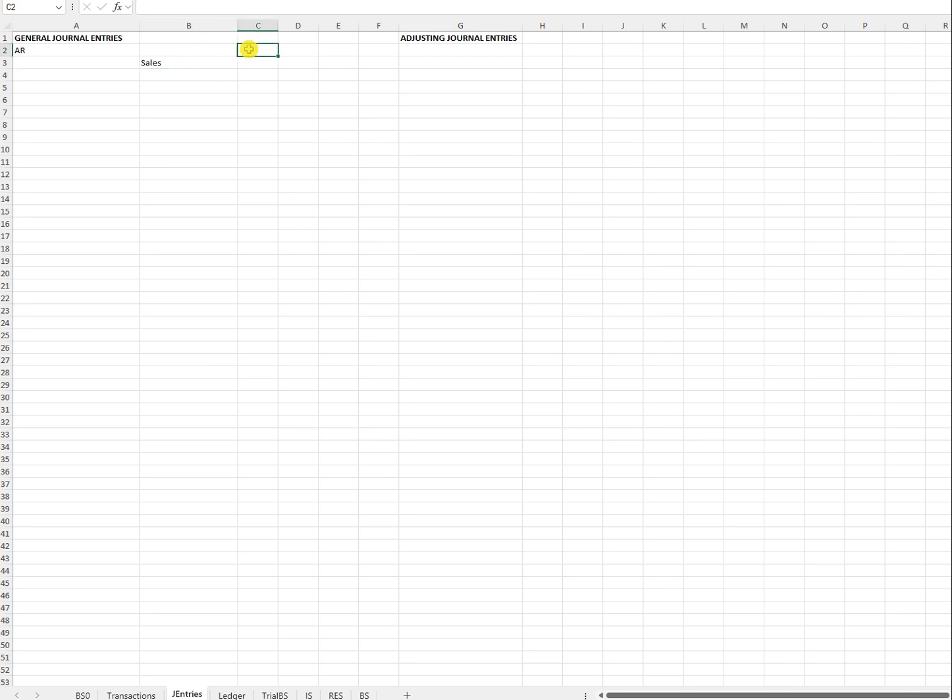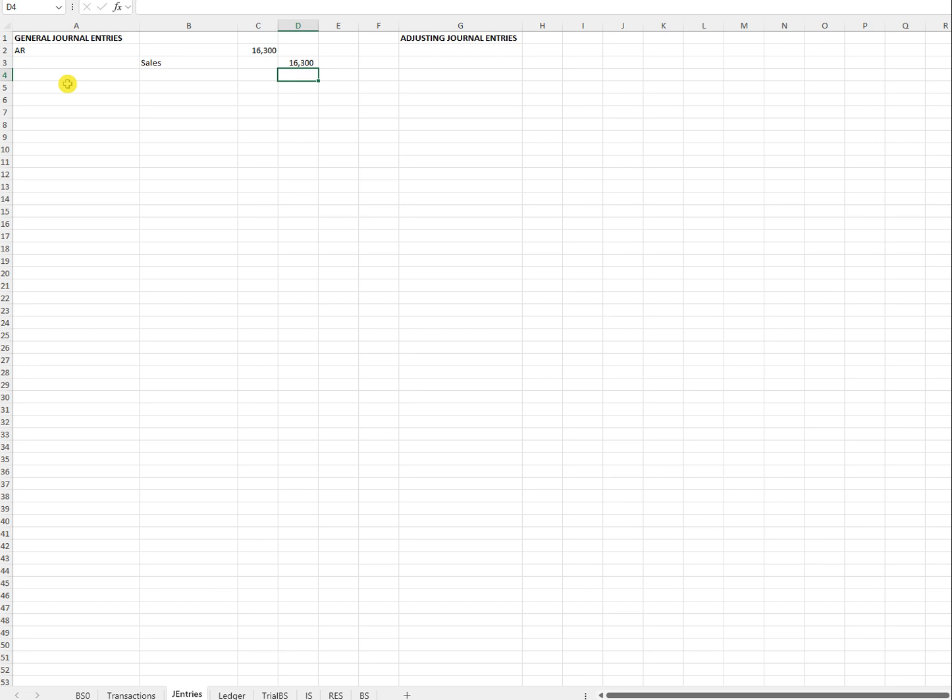But I'm not going to record the sub account for accounts receivable, so I'm going to record that directly, and this will be the same for sales. The reason I'm recording the numbers in two columns separate from the accounts is that it's easier to use when we do the trial balance and the financial statements.